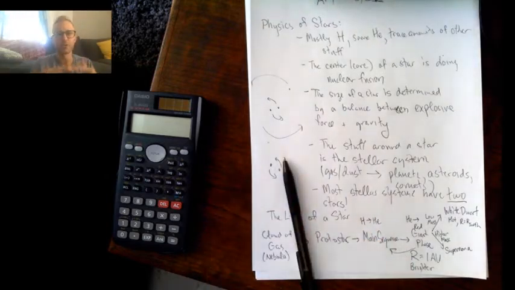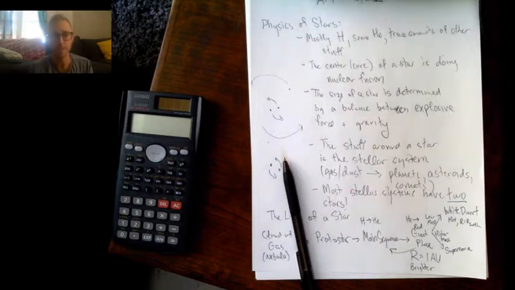a star fuses hydrogen into helium. It fuses helium into carbon. It fuses carbon into heavier stuff. And eventually we get to iron. And it turns out that iron is sort of the last element that can be fused. Okay? If we go to elements beyond iron, the star doesn't want to fuse anymore.